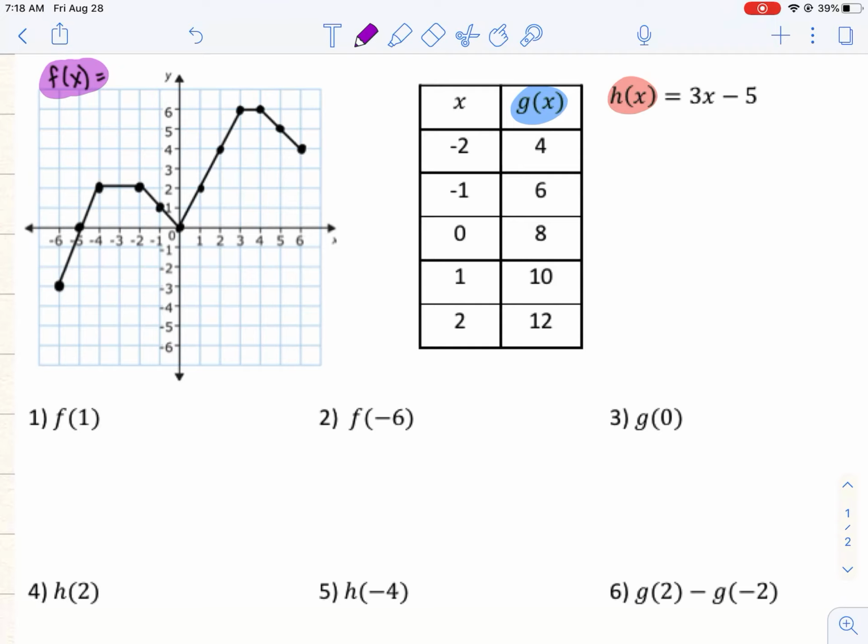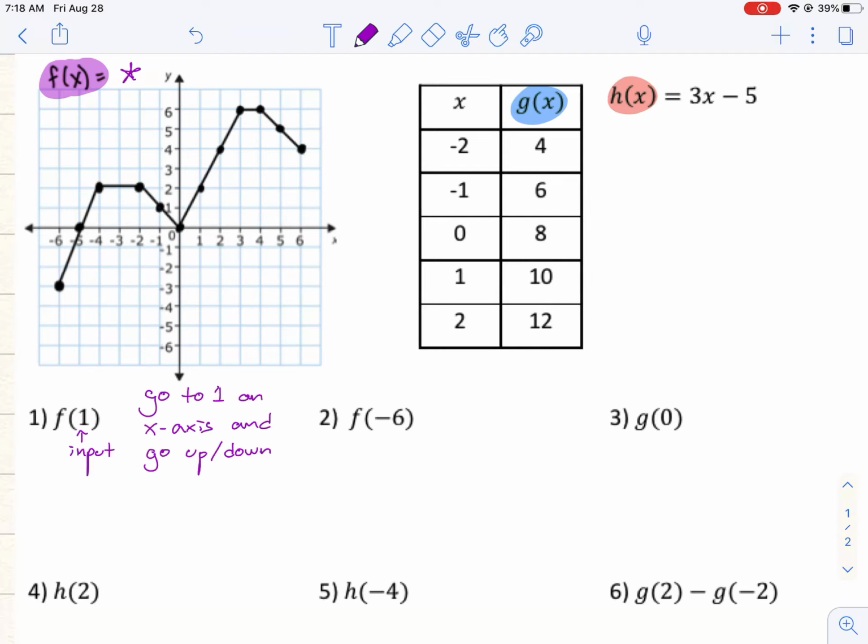This first one, f of 1, because I'm using this graph, remember the number inside is your input, or your x value. So we're going to go to 1 on the x-axis and go up or down to where our graph is.